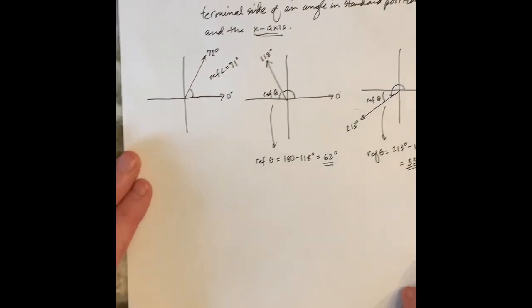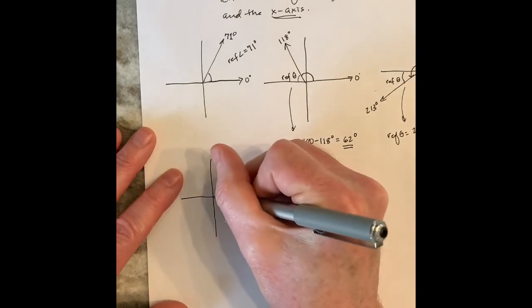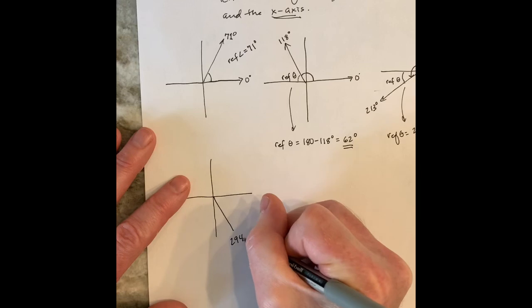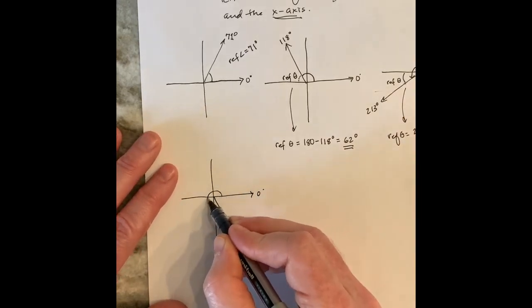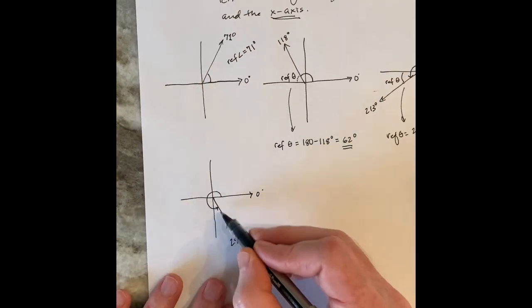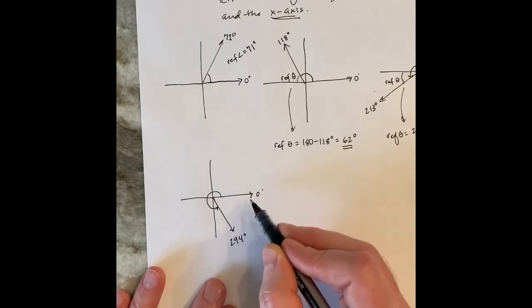And then finally, in the fourth quadrant, if you have any angles there, let's just say it was, I don't know, 294. Okay, so again, here's 0. 294 would be all the way around to there. Well, how do I find the reference angle? Well, it's the terminal side, x-axis, not this. Don't go to the y-axis, always the x.